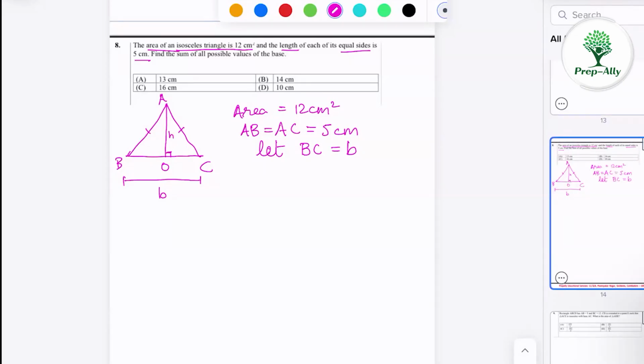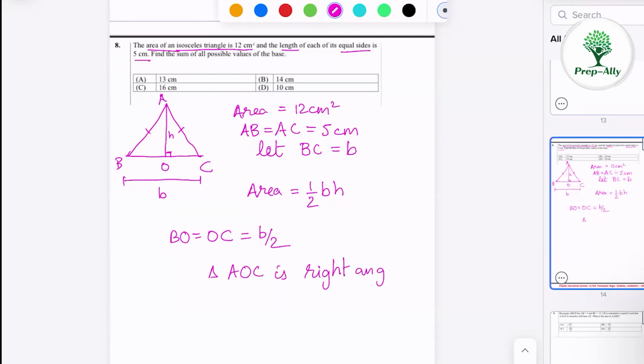So the area of triangle ABC is half BH, right? And BO equal to OC equal to B by 2. And triangle AOC is right angled, right?